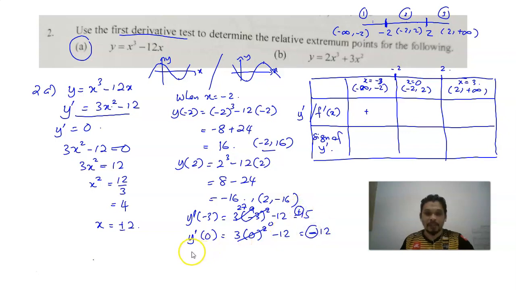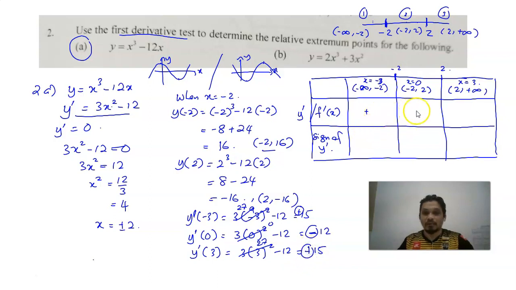Negative. And then y prime where x equal to 3: 3 squared is 9, 9 times 3 equal to 27, minus 12 equal to positive 15.